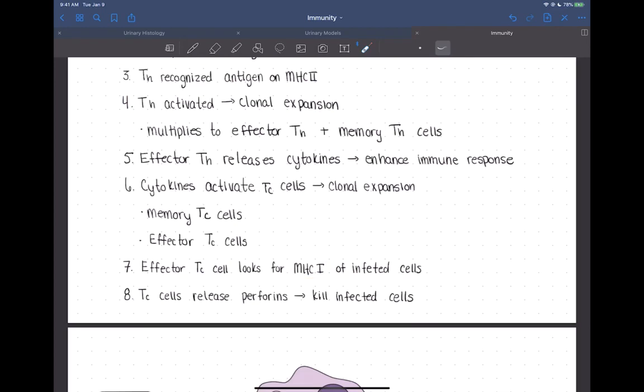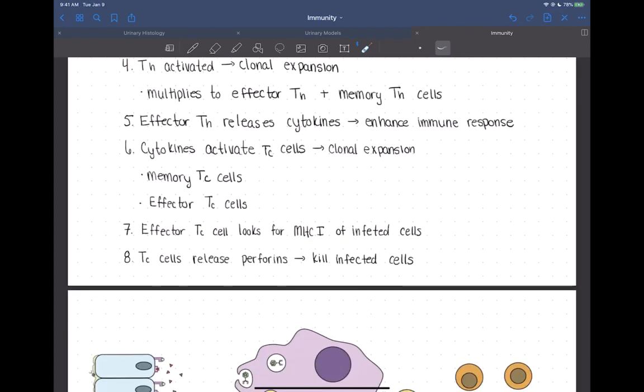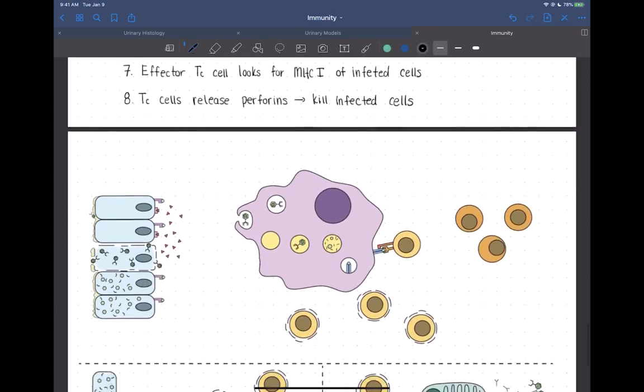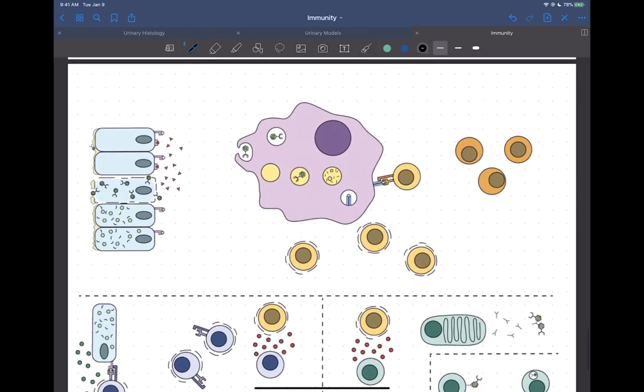Okay, and so if they find a cell with that matching wanted poster, they're going to release perforins, just like our NK cells do, and those perforins are going to poke little holes in the infected cell and kill it.